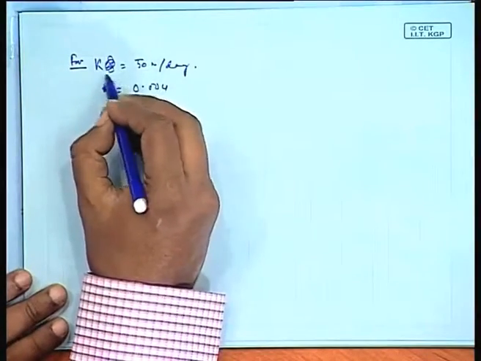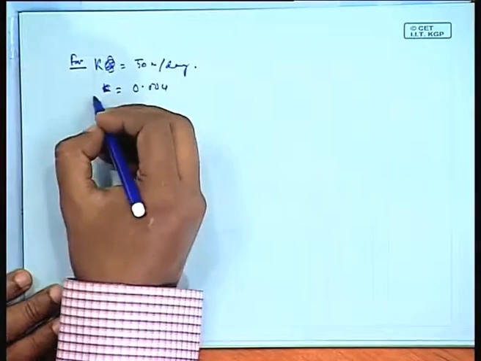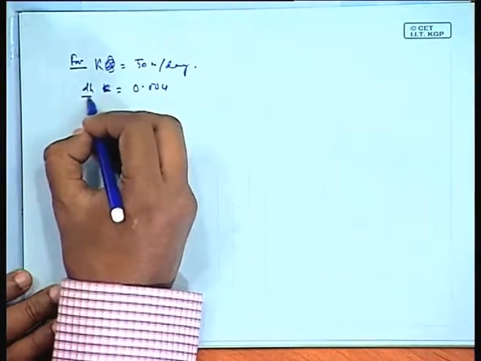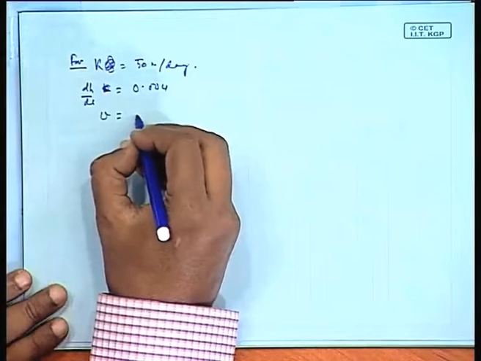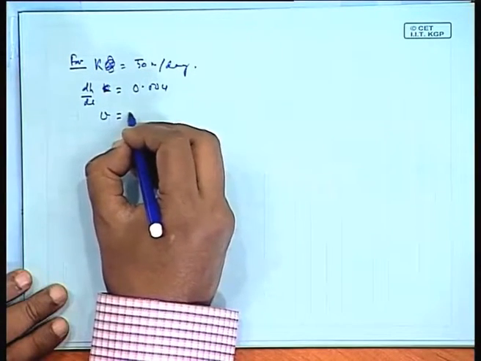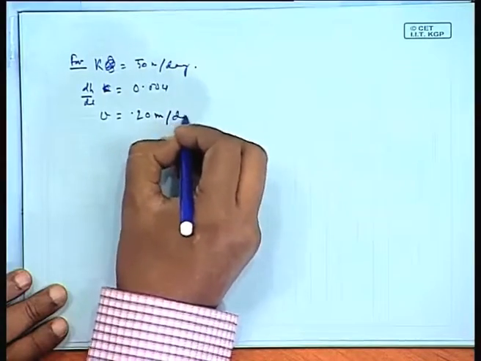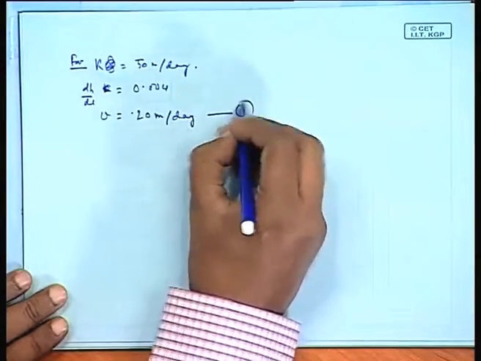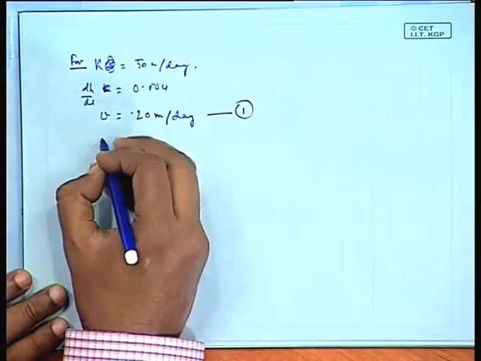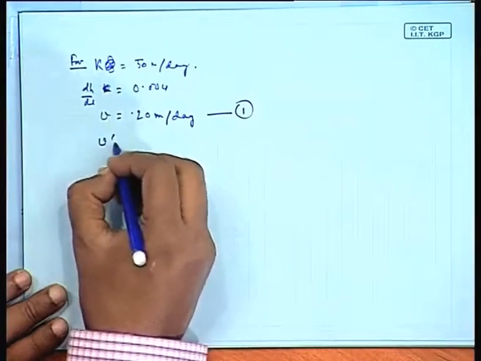This is k for 50 meter per day, and this is dH by dl, so we can find out the velocity as about 0.2 meter per day. This is number one.